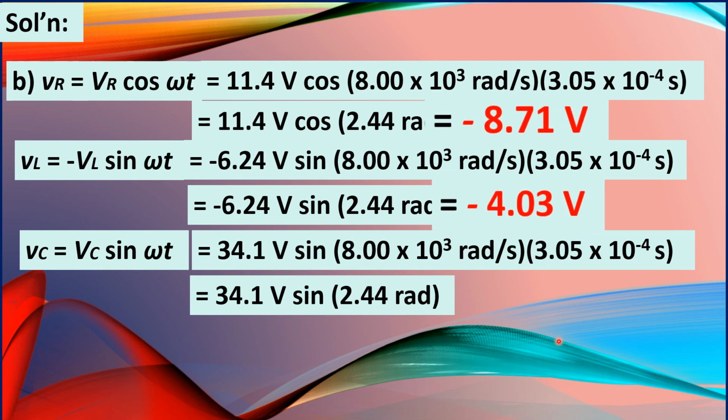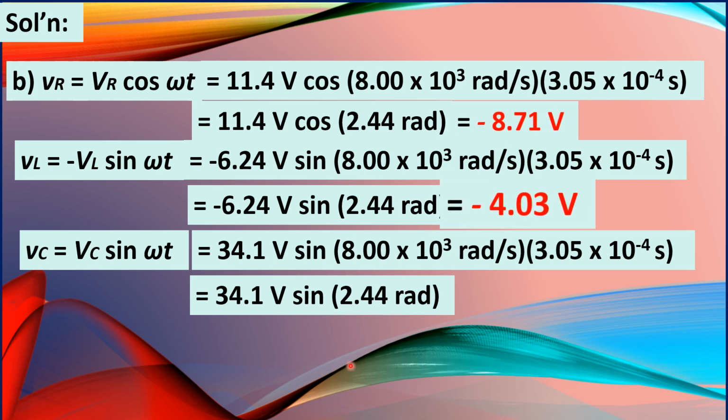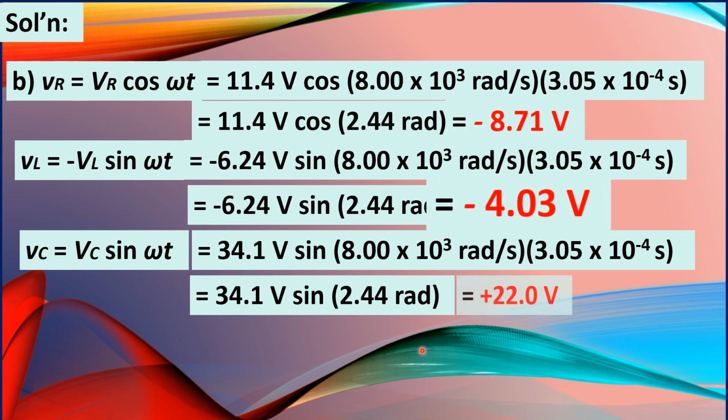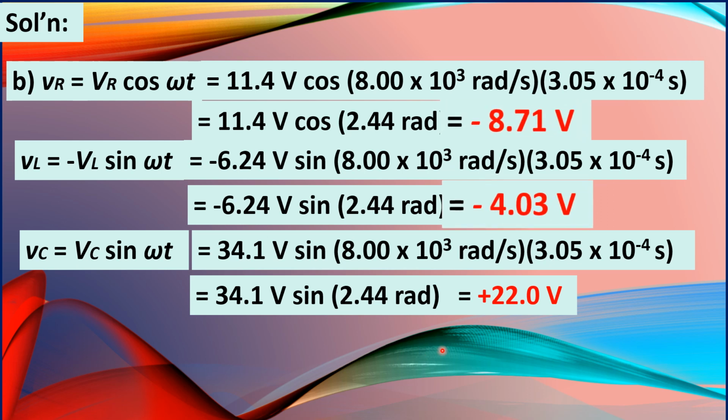Simplifying, we get 34.1 volts multiplied by the sine of the angle 2.44 radian, or small letter v sub C is equal to positive 22.0 volts.